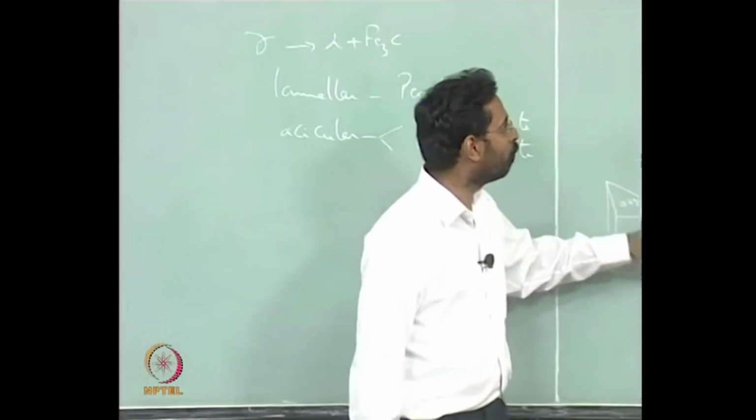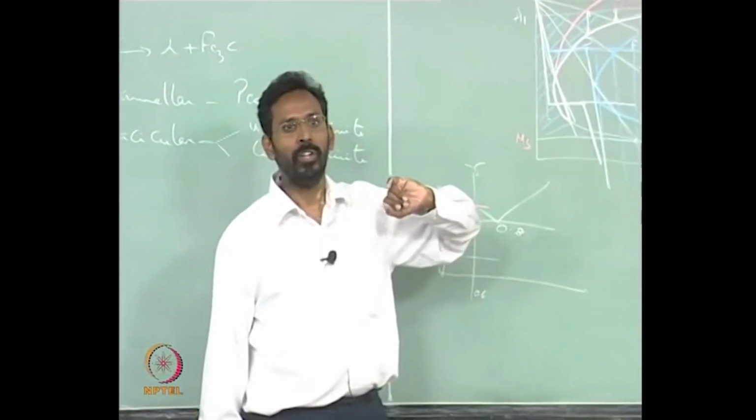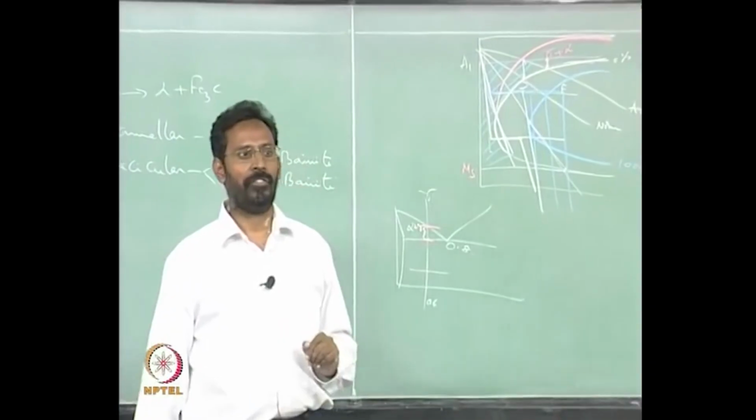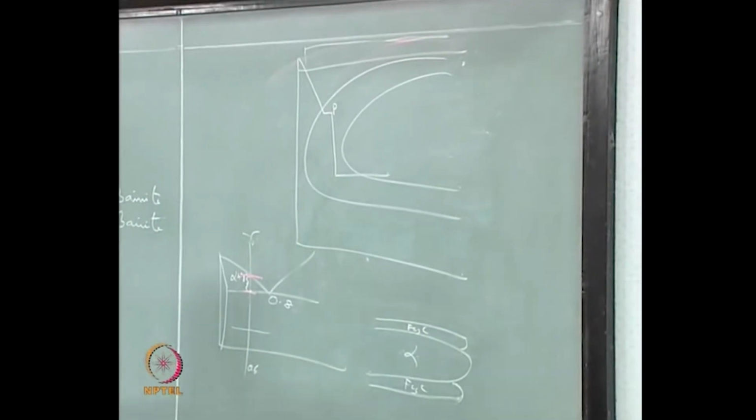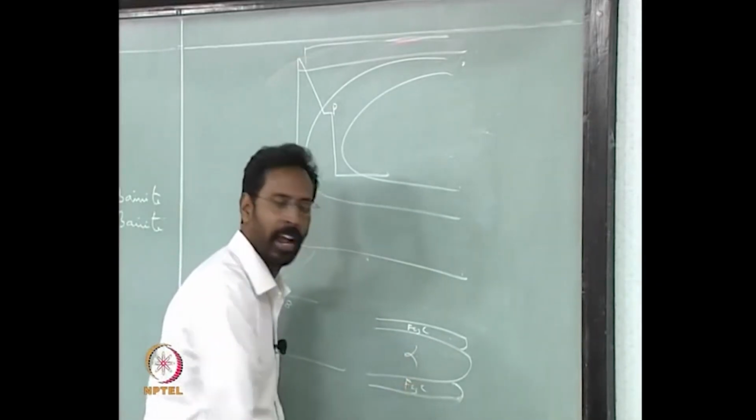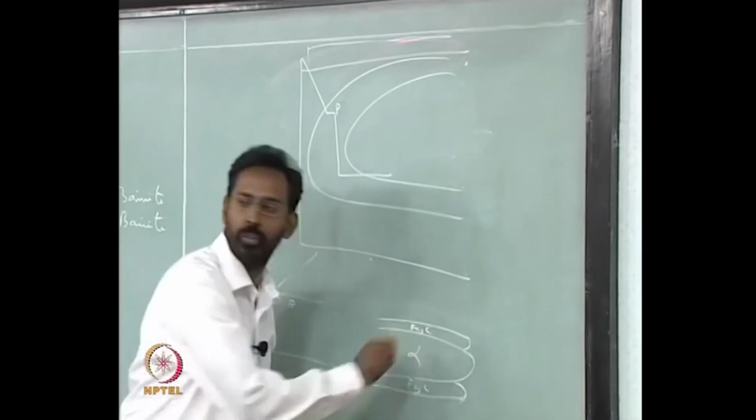Anyway, coming back here, there are possibilities where you may not even get a ferrite, a proeutectoid phase, and straight away get a pearlite, depending on the actual cooling rates that we are adopting. Fine. So, to start supplying carbon atoms to Fe3C and alpha, the Fe3C needs more carbon atoms.